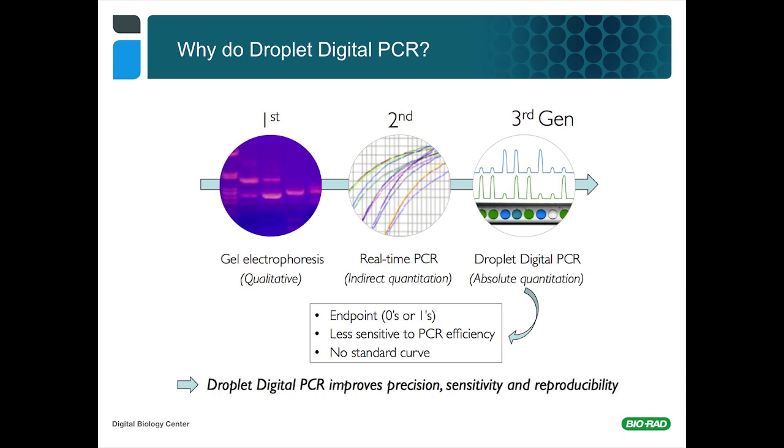Now, what we're referring to as sort of a third generation of PCR, digital PCR, is one in which we actually no longer rely upon a standard curve. And as you'll see, we manage to run reactions to endpoint in such a fashion that we get greater sensitivity and are less sensitive to inhibitors and various other conditions that can introduce noise into the PCR measurement.